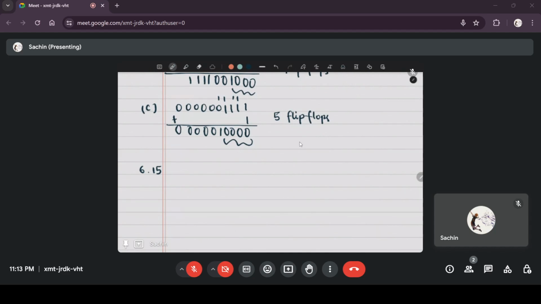So the maximum delay that can occur is, say, when you go from the state 1111 to 0000.